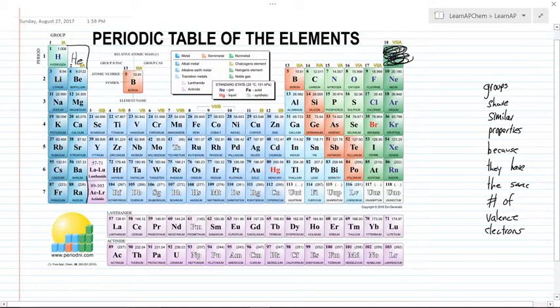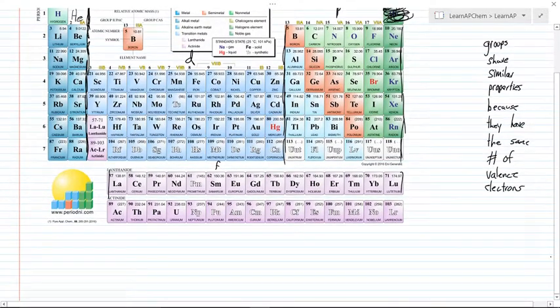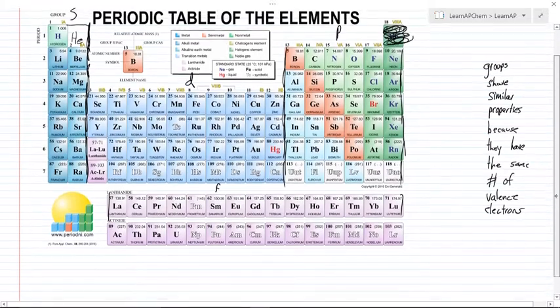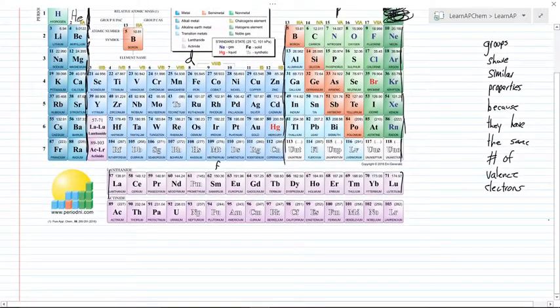Here we have S. Here we have P. Here's D. And here is F. So, let's say I wanted to write out the electron configuration for phosphorus.